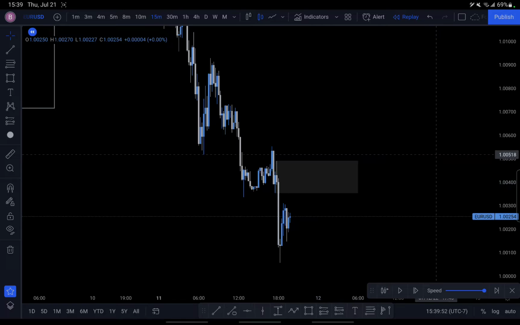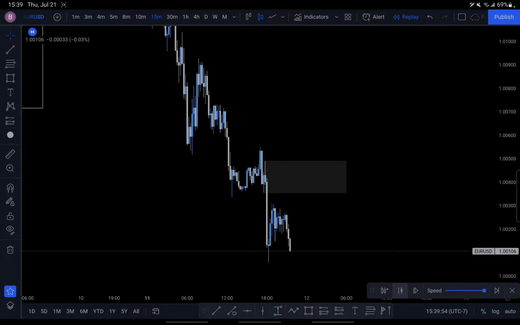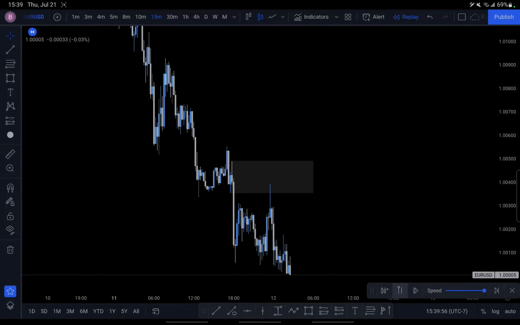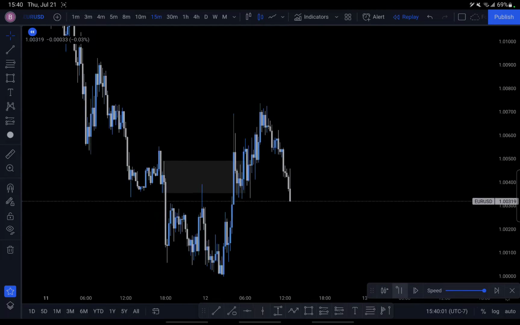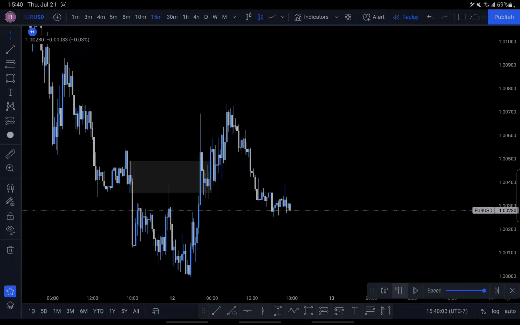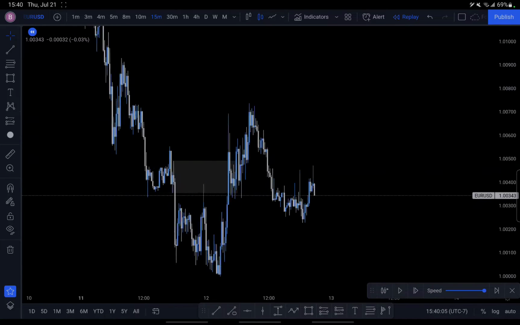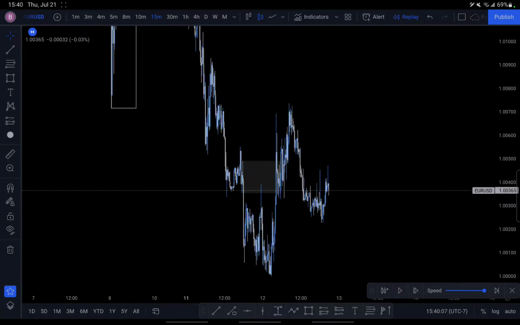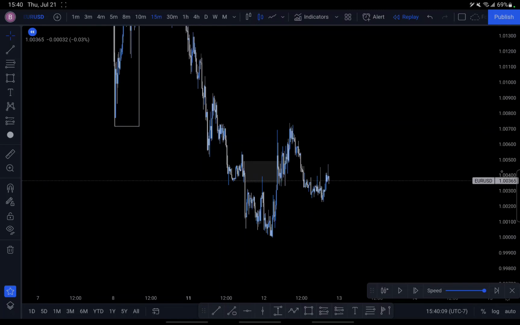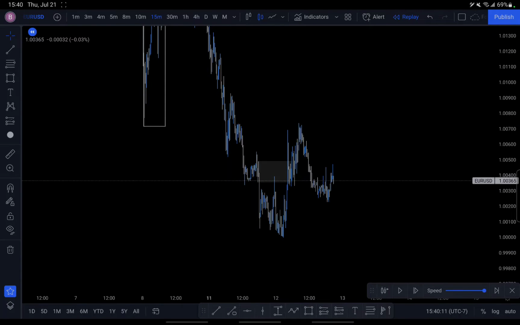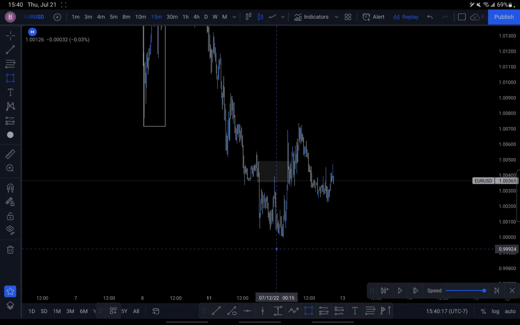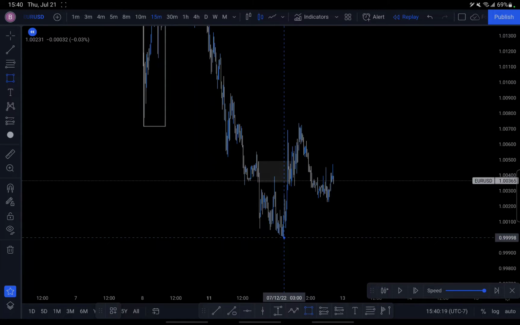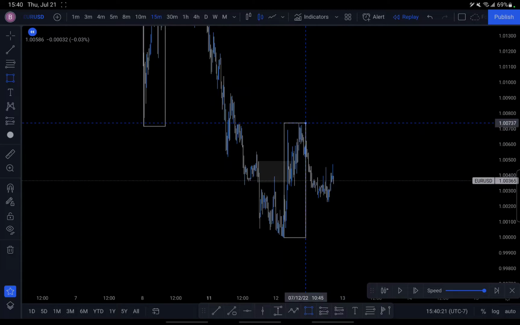Okay, now let's just press play and let price play out. Okay, price broke through. Let's see what's happening. Okay, so we had a decent pullback here, creating a new FX block here from this down move to this move here.